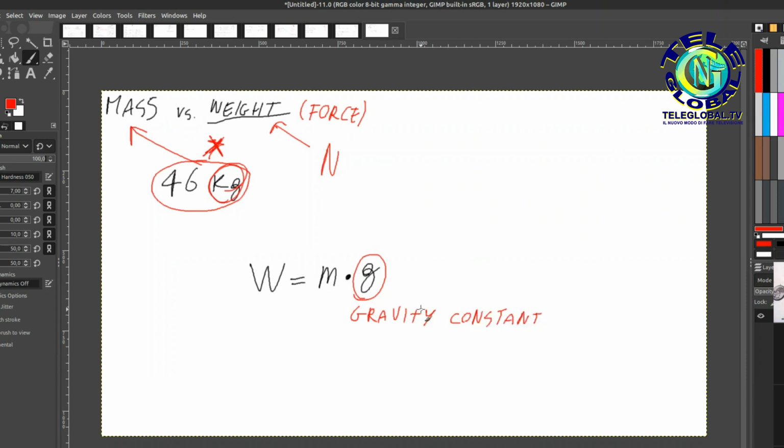And to put it simply, it depends on what planet you are on. On Earth, it is 9.81 meters per second squared, because it's actually an acceleration.